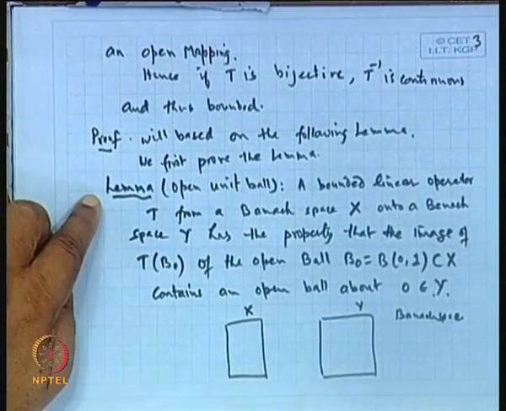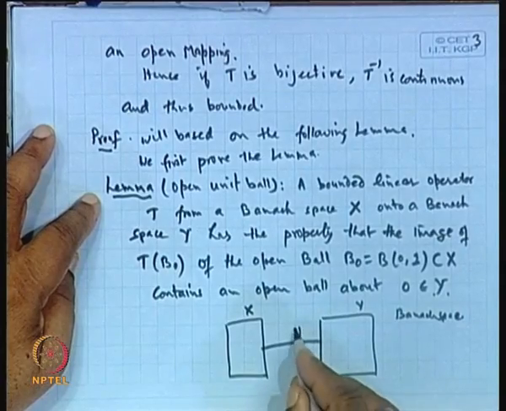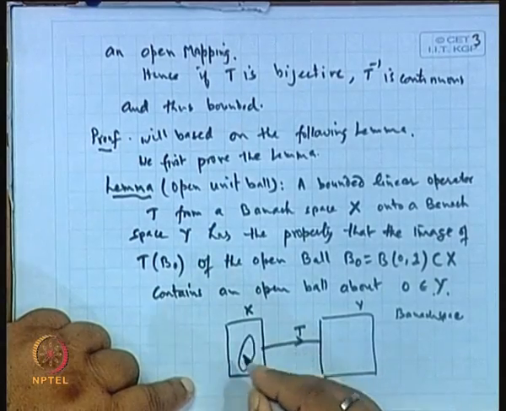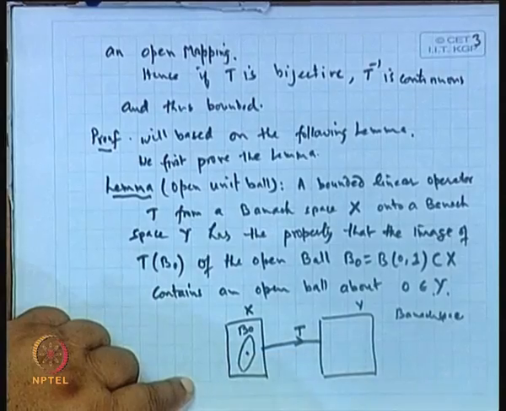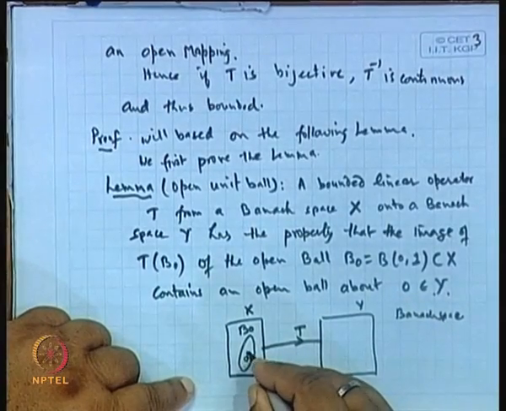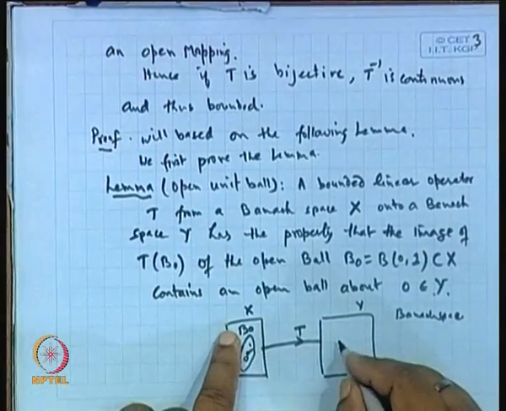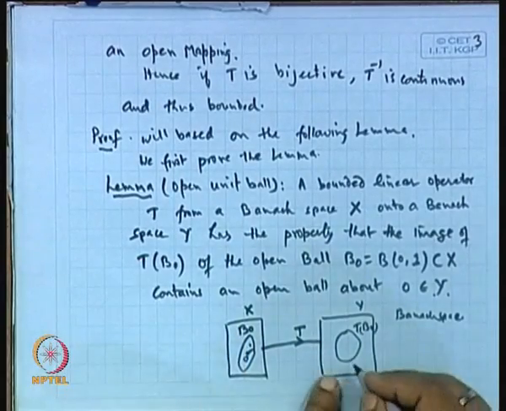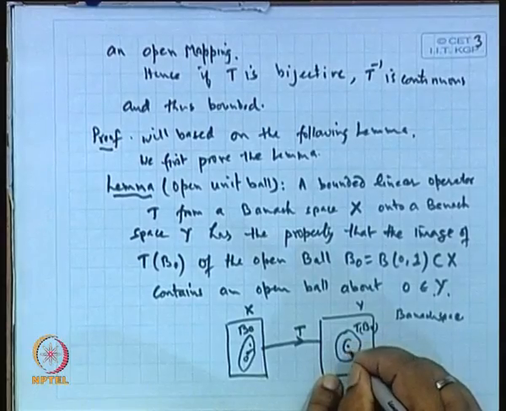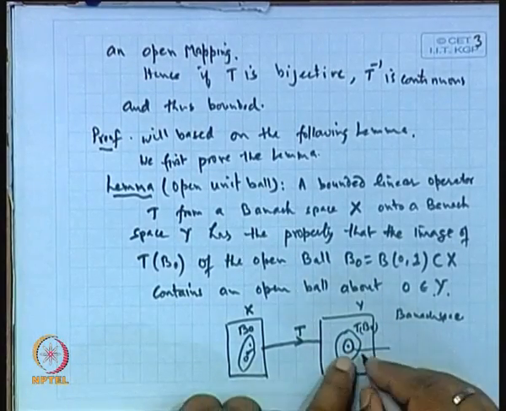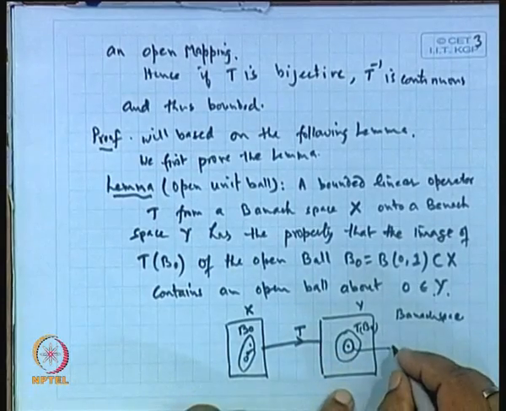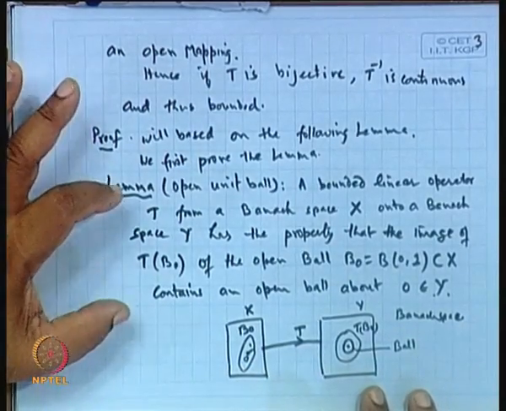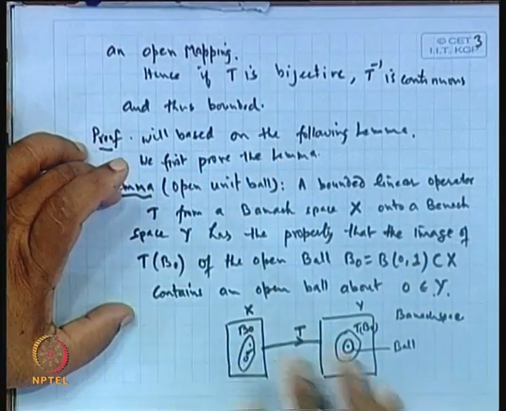So, what this lemma says is, suppose T is a bounded linear operator from one Banach space to another Banach space, and if I take the open ball B naught centered at 0 and radius 1, then the image of this ball under the operator T must contain a ball around the point 0 in Y. Now, let us assume the lemma is true; we will prove the lemma afterward.